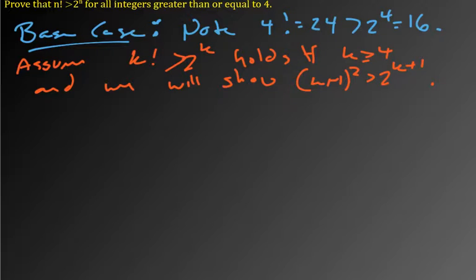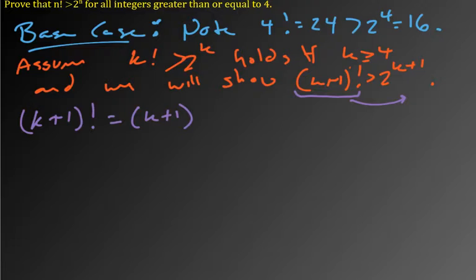So this is basically, I just realized I wrote a squared there. I don't want a square there. I want that. So same kind of structure as the last one. I'm going to start with this, and I'm going to arrive at this. So k plus 1 factorial is equal to, just by definition, k plus 1 times k factorial, right?